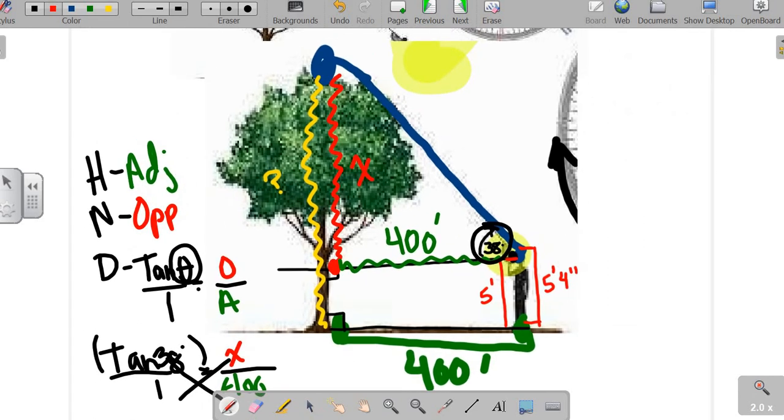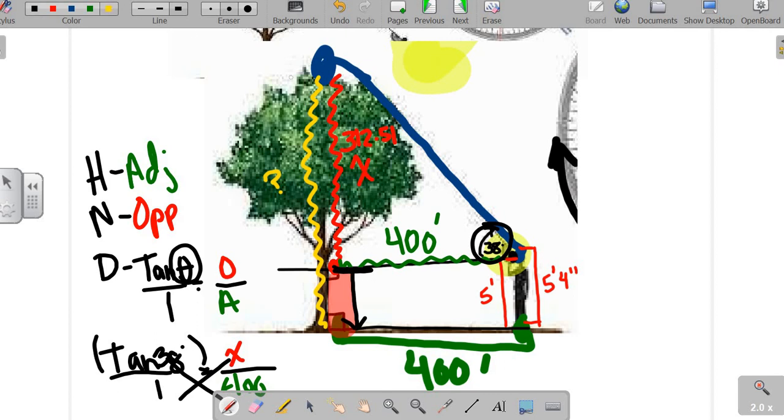Now come up here. Warning, that's not the entire tree. 312.51. Because if you trace down, we are missing this little piece right here. What you're missing is the fact that you are short 5 feet because you're taking the measurement off the ground.